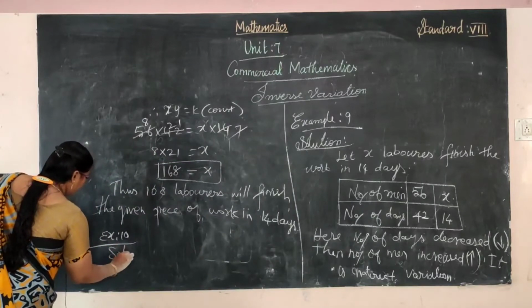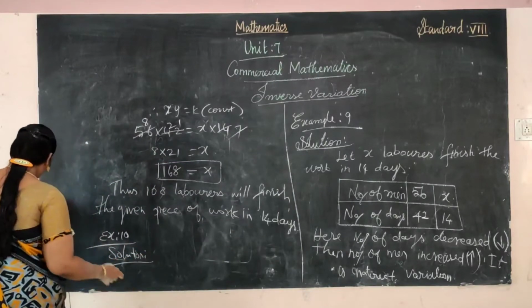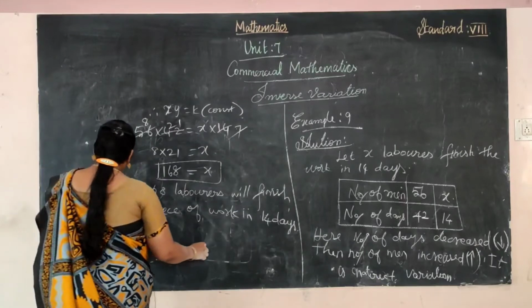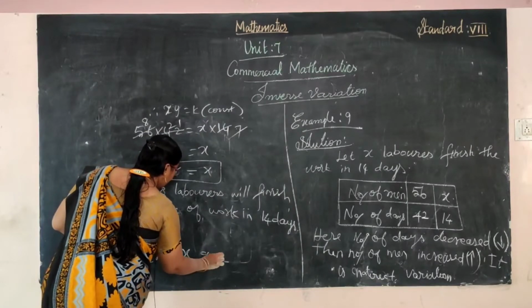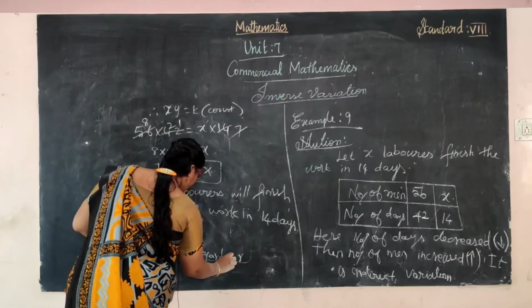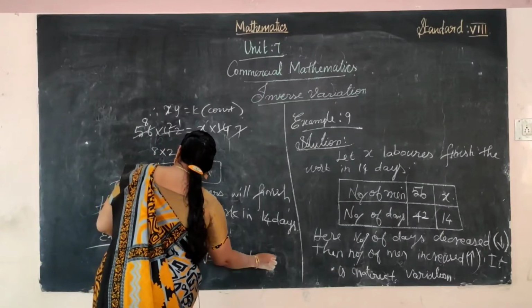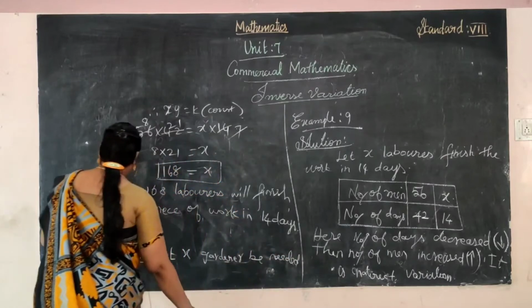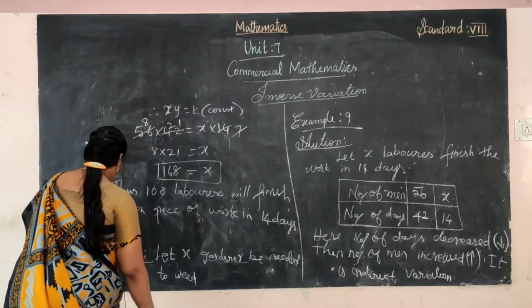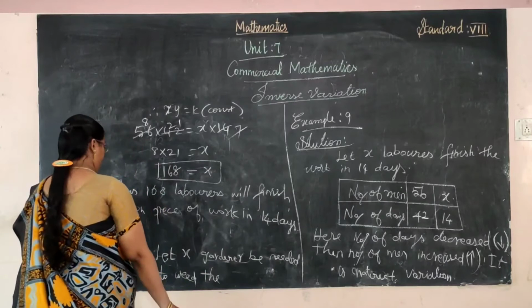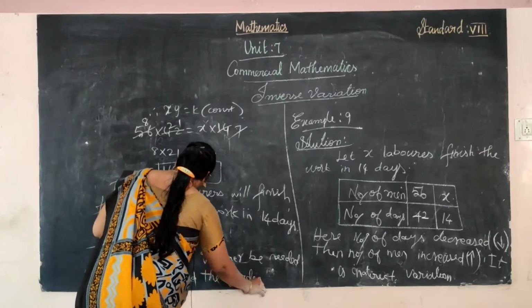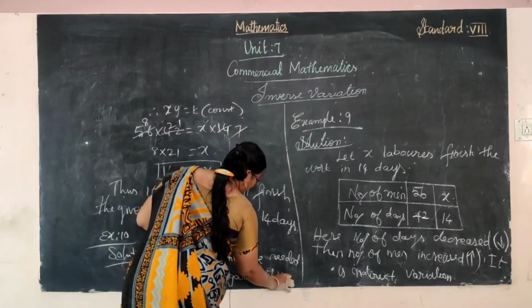Solution. Let x gardeners be needed to weed the garden in 15 minutes.